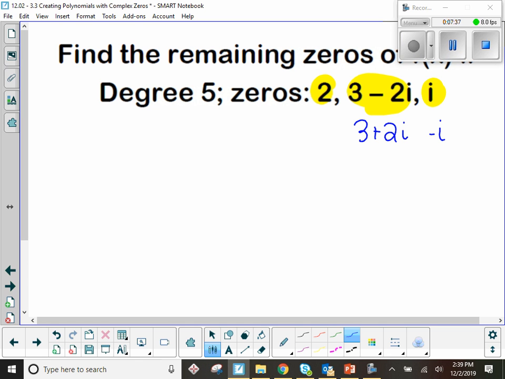But how would this problem change if the degree is 6? Where would that 6th 0 come from, do you think? So far we have 5. We already have the conjugate pairs. It would be a double root.